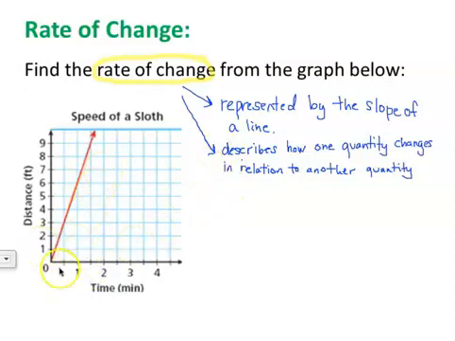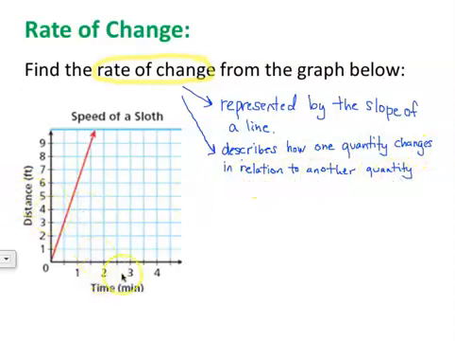So let's take a look at this graph here. It is representing the speed of a sloth. Speed, remember, we compare the distance something travels to time. That's what speed is, comparing distance to time. So rate of change, we just said, describes how one quantity changes in relation to another quantity.